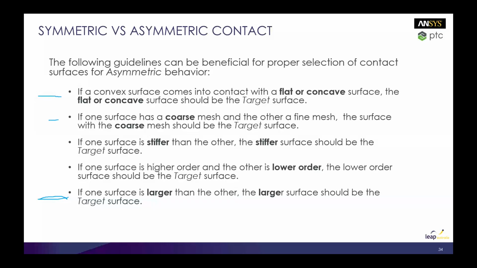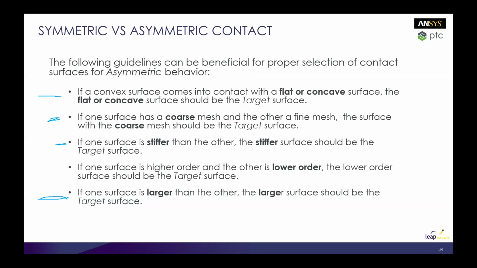If one surface is coarse and one is fine, you've got control over this. You can reverse these. If one surface is stiffer than the other, you don't have control over that, so you're basically forced to choose the stiffer surface as the target.